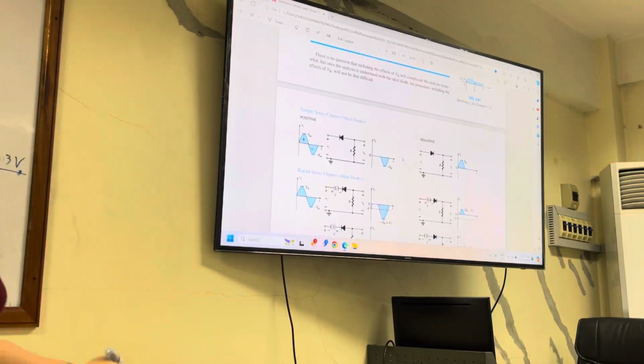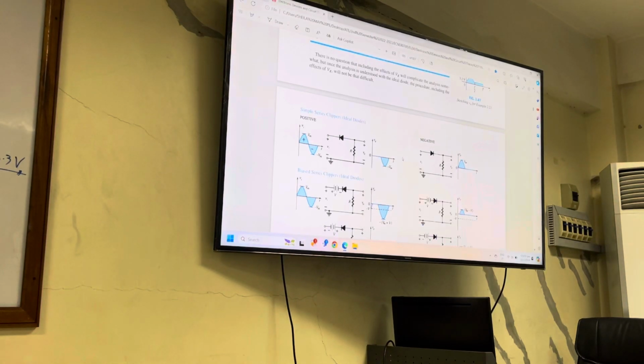Like in the rectifier, or in the earlier example, there is forward bias condition. Although it is forward biased, when the reverse comes, the circuit is still open. So the output is zero.